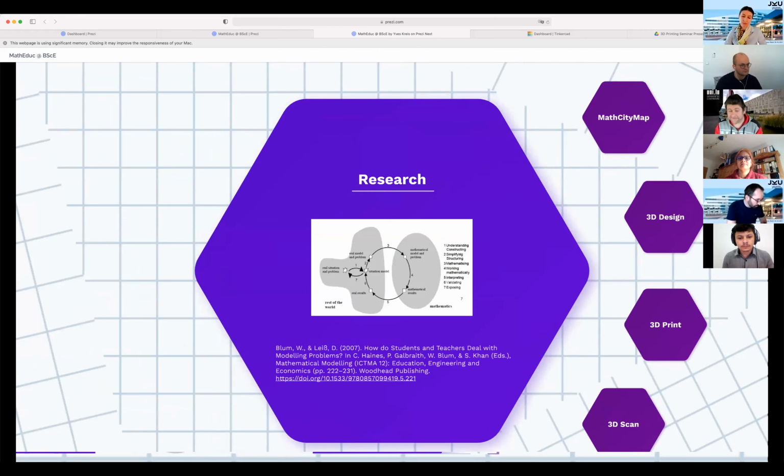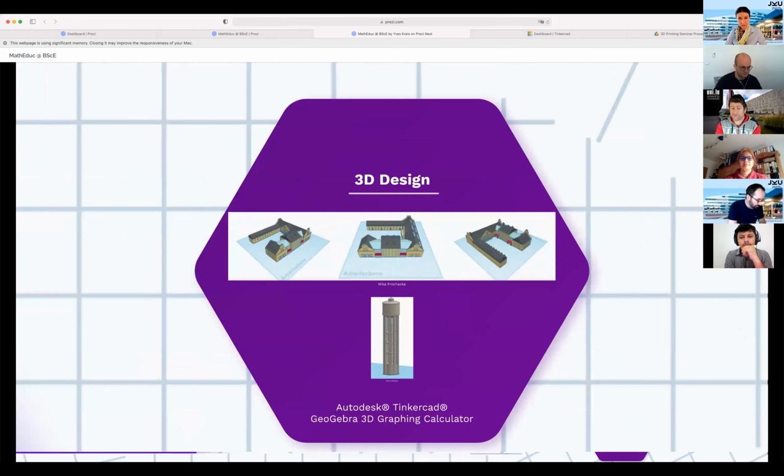So the next step was to analyze these different buildings, and of course we discovered there's a lot of mathematics in them. So the next step was to go towards 3D, and we have split this 3D modeling into three different phases.